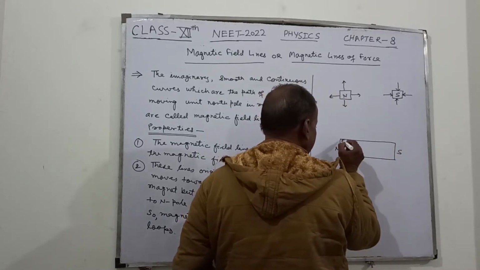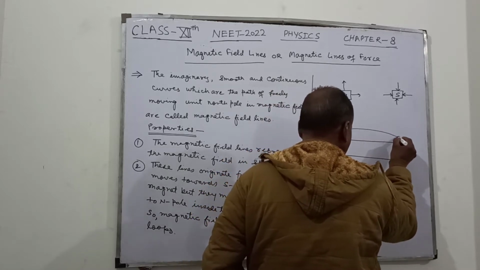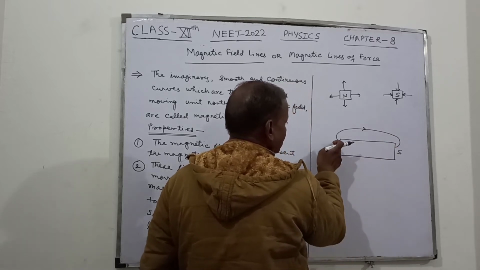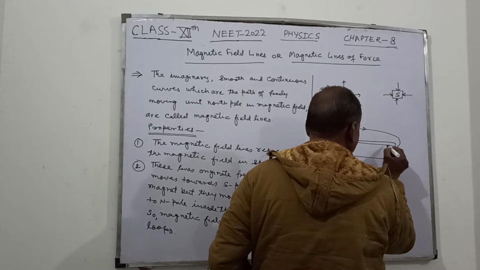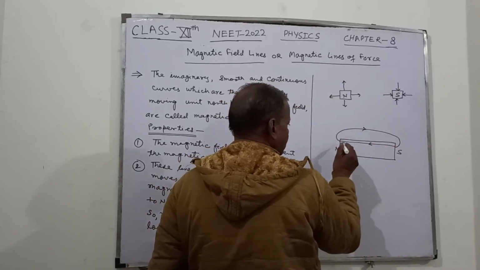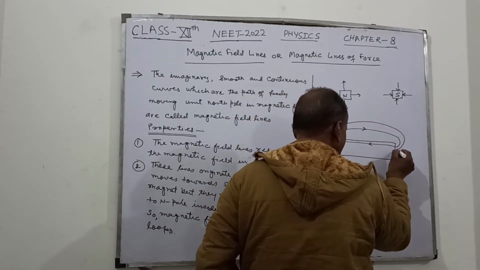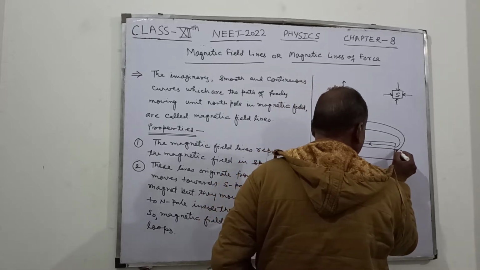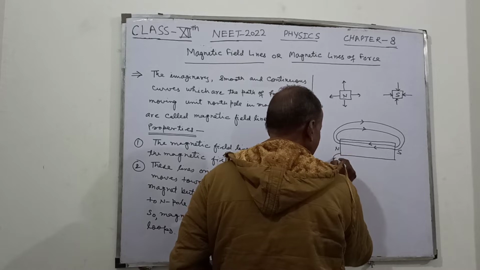Then what will happen is that they move outside the magnet from North to South, but inside they will move in this way from South to North. Similarly here, outside like this, but inside they are moving in this way.